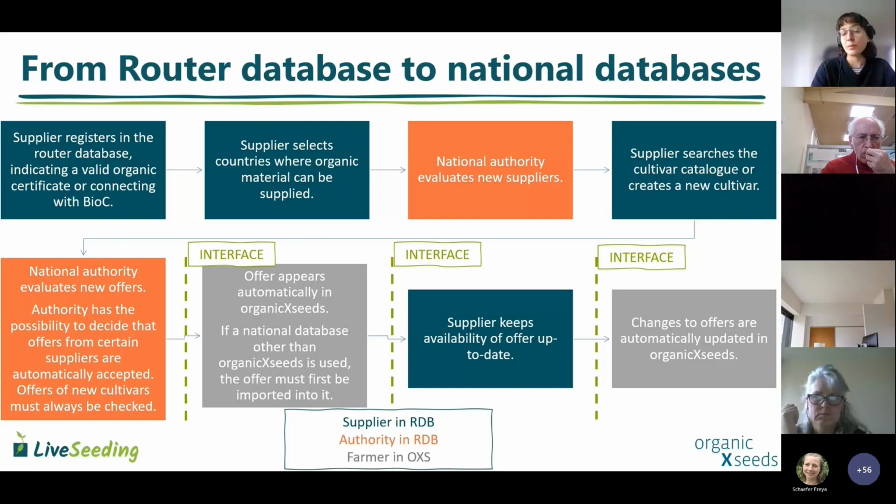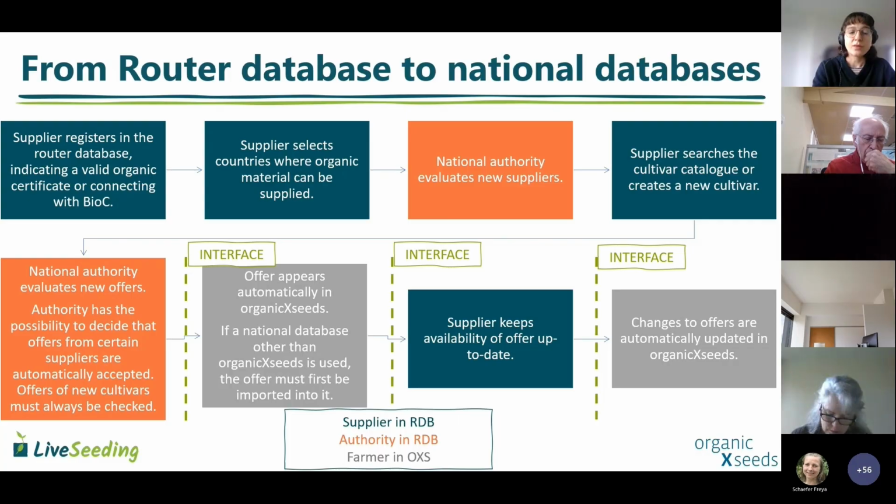So BOC is another platform where control bodies can upload organic certificates, and when the certificates are kept up to date there, they're also automatically kept up to date in the router database. But it's not used by all countries, so you also have the option of uploading a PDF and then keeping it up to date yourself. So I will show you today how you can do that.